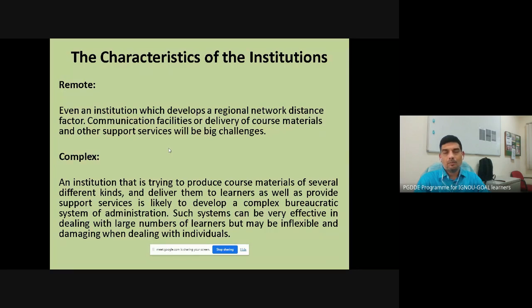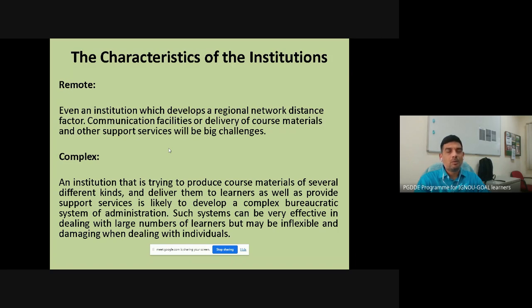As we have been witnessing, IGNOU, as a mega university, has umbrella-type institutions all across the country. We can say that it has more than 68 regional centers, and 2000 plus study centers also. This is a huge network, and through these regional centers and study centers, we are trying to reach the learners through our variety of services.